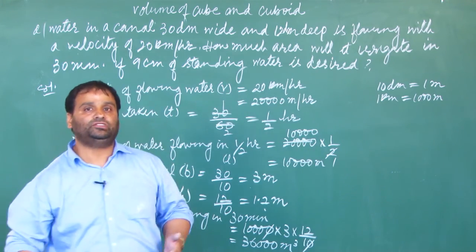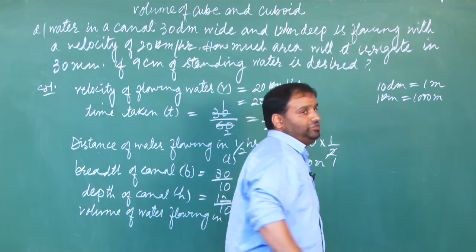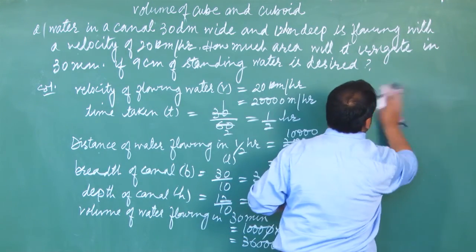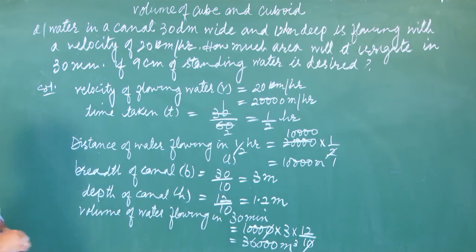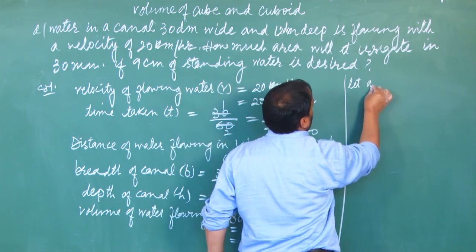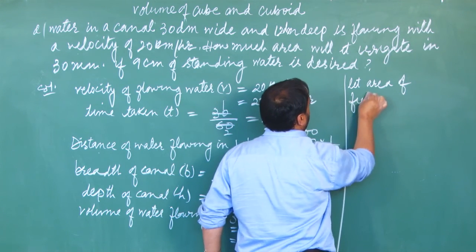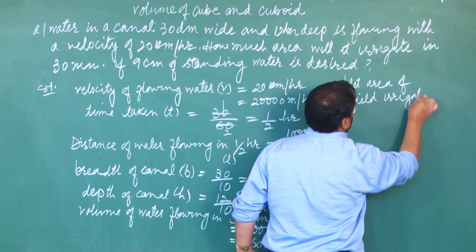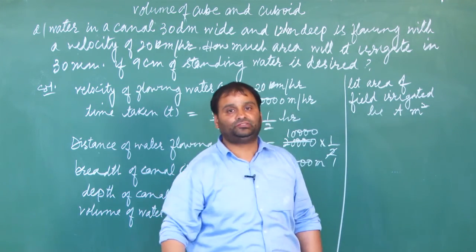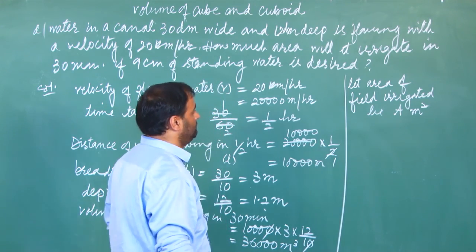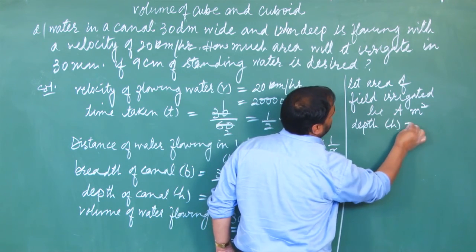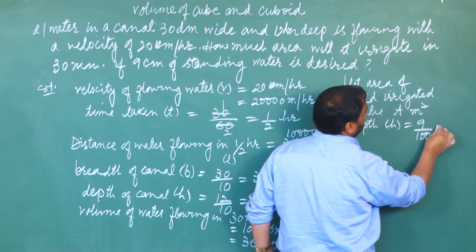We have to find out how much area this flowing water irrigates. Let the area of field irrigated be A meter square, because area is a two-dimensional quantity to be written as meter square, and the depth of the water remaining is 9 centimeters, which is necessarily to be converted into meters.